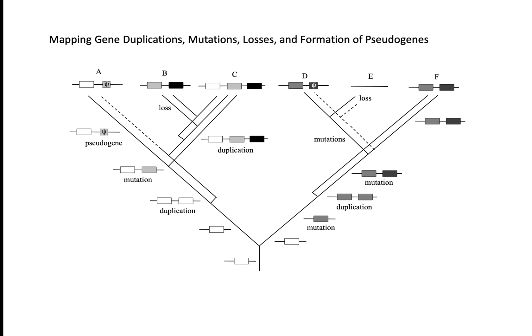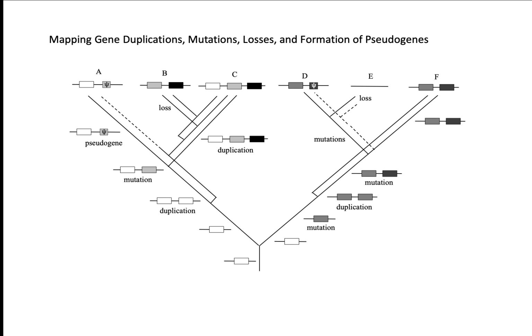So in this case, along one branch, there are some duplications, followed by mutations, followed by more duplications, some losses in the genes, and formation of pseudogenes, and those can be mapped on those trees, and then you can actually place them in time as to when they have occurred or might have occurred.